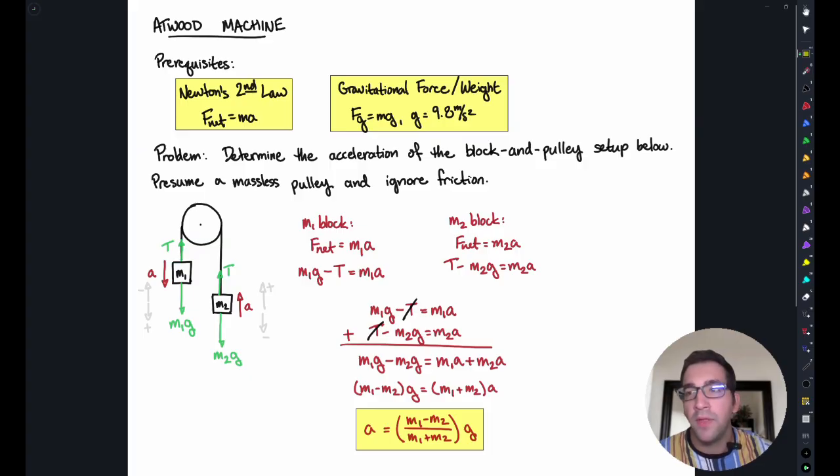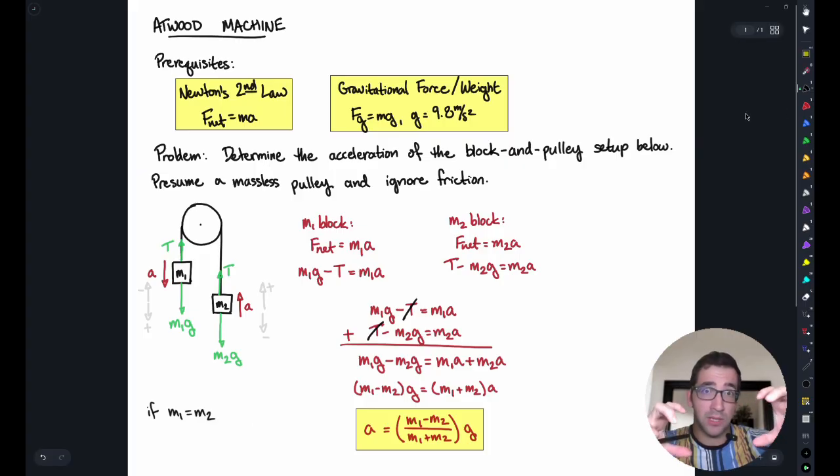So for example, one thing that we could try to check mentally is what would happen if m1 equals m2. I know originally we assumed that m1 is larger, but there was nothing mathematically that we did that really required that. So we can think of a sample situation where m1 equals m2. If m1 equals m2, those two masses are going to be the same mass.